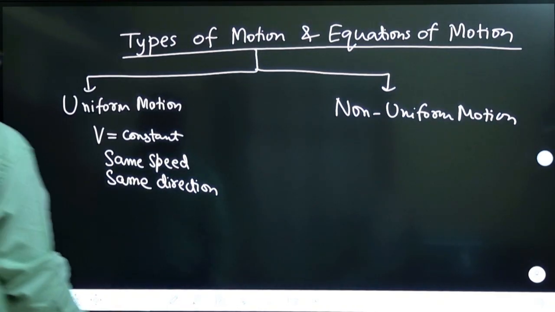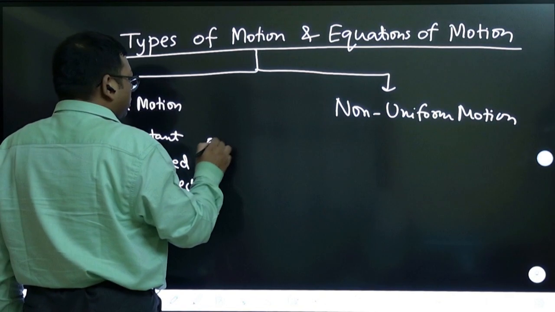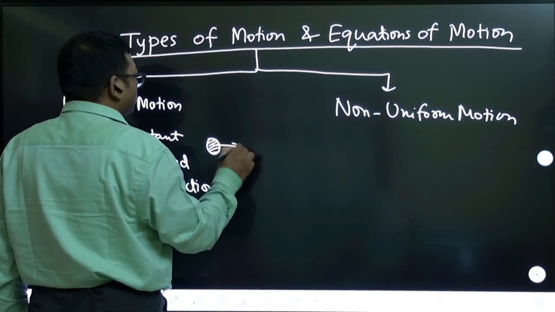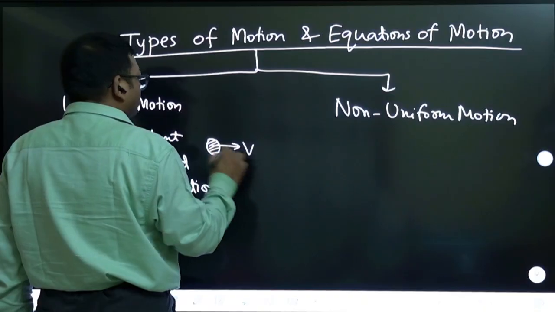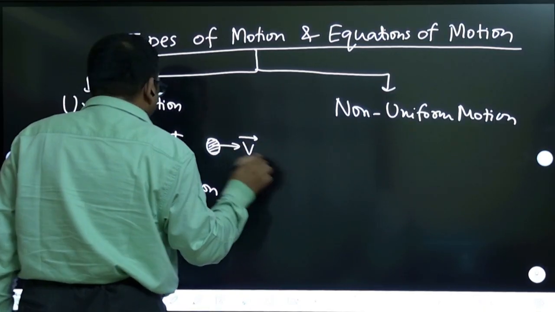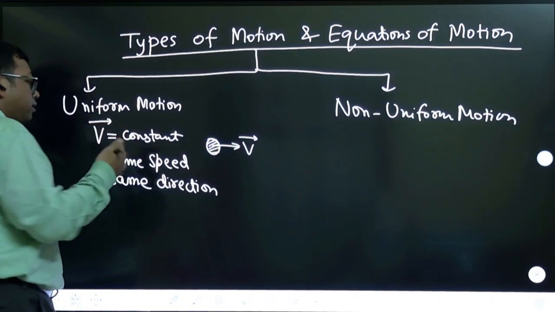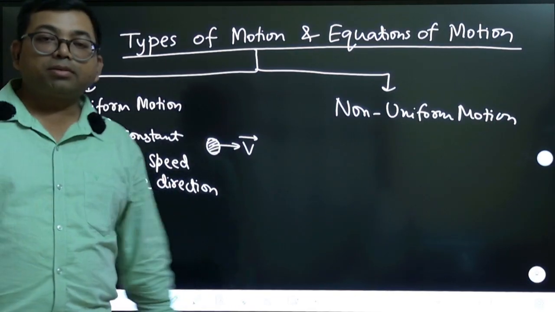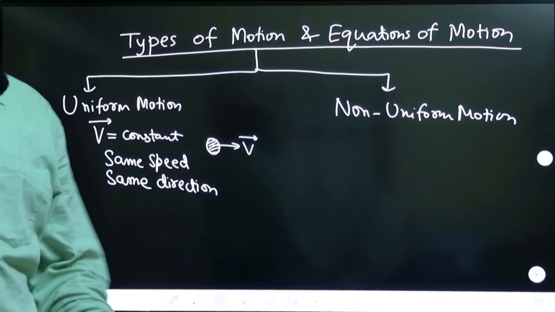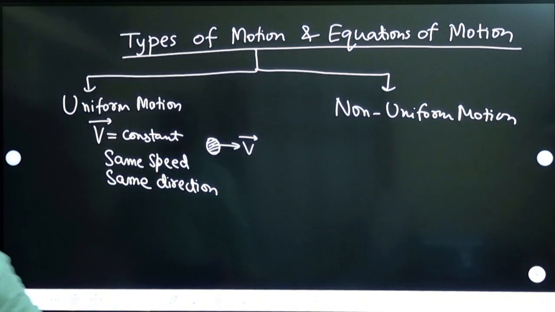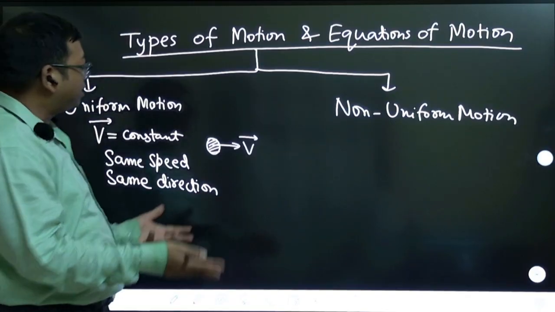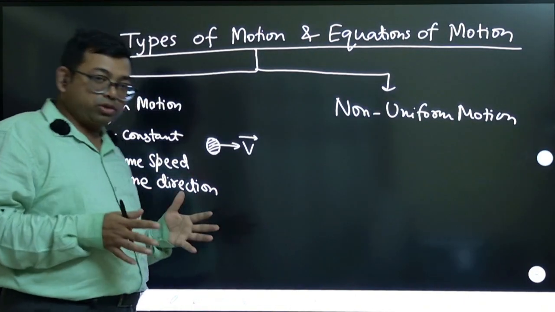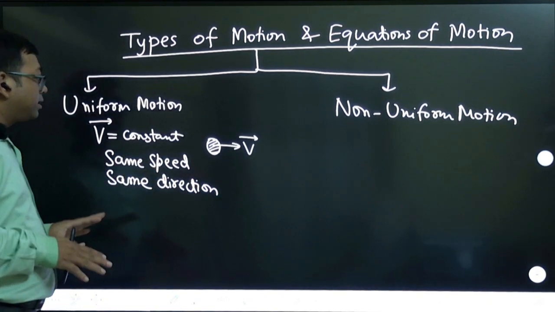That means if a particle is going in this direction, this is constant. You can write this as a vector in general. For example, in 2 dimensions or 3 dimensions, you have to write vectors with the vector symbol. But in case of 1 dimension, you can simply write v because the plus or minus sign gives direction. But in general, you can write v vector.